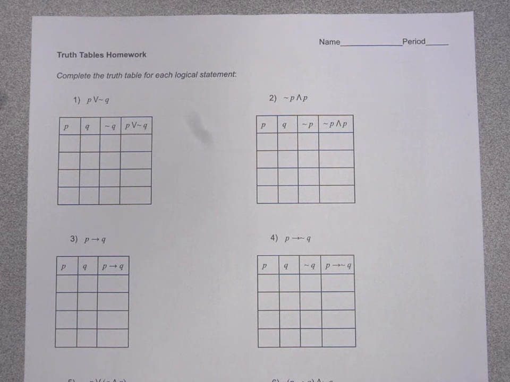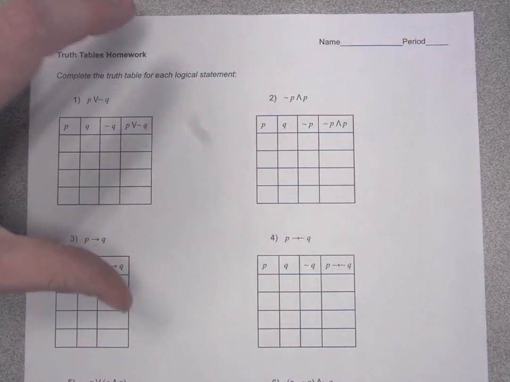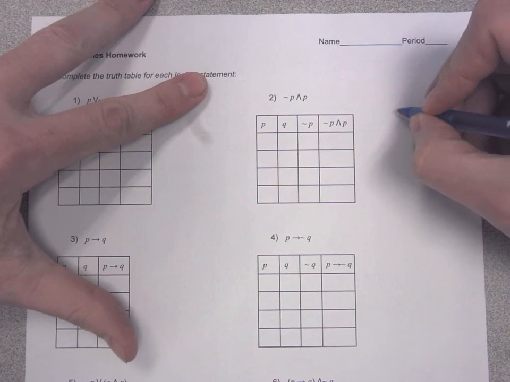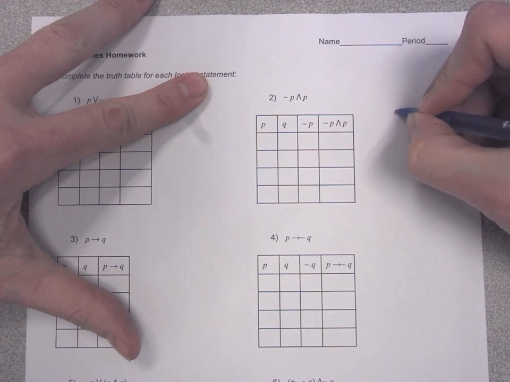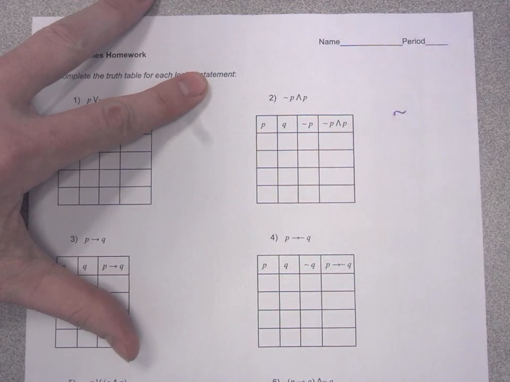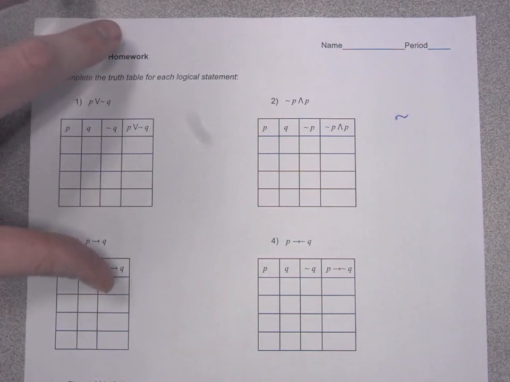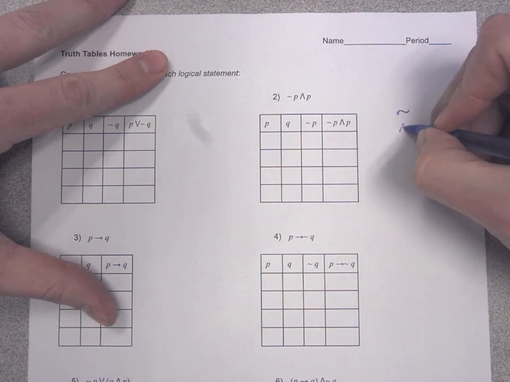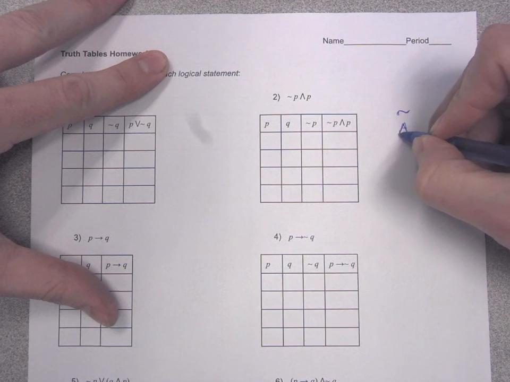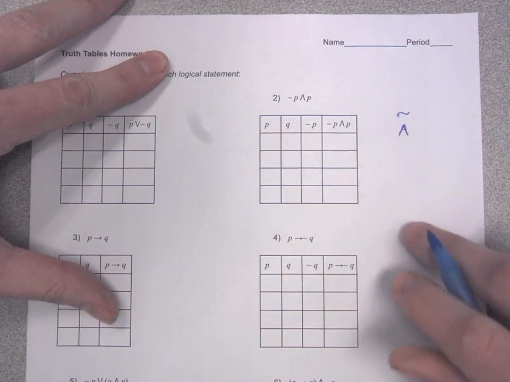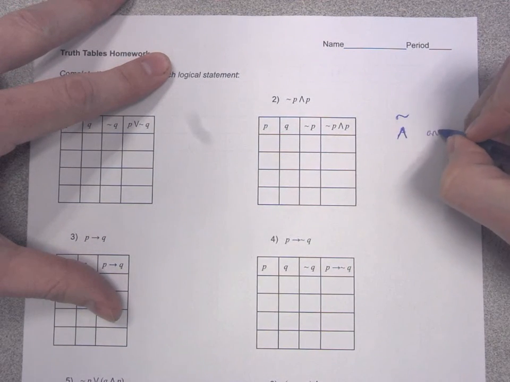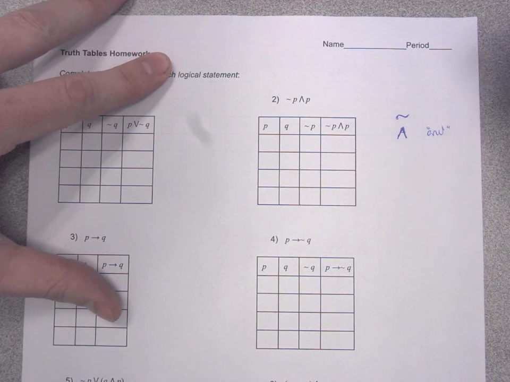As we do this assignment, we're going to need to know a couple different what we call logical operators. Okay, there's this one, which means opposite or negation. There's this one, which looks like an A, but doesn't have a little line through the middle. This is the AND operator.